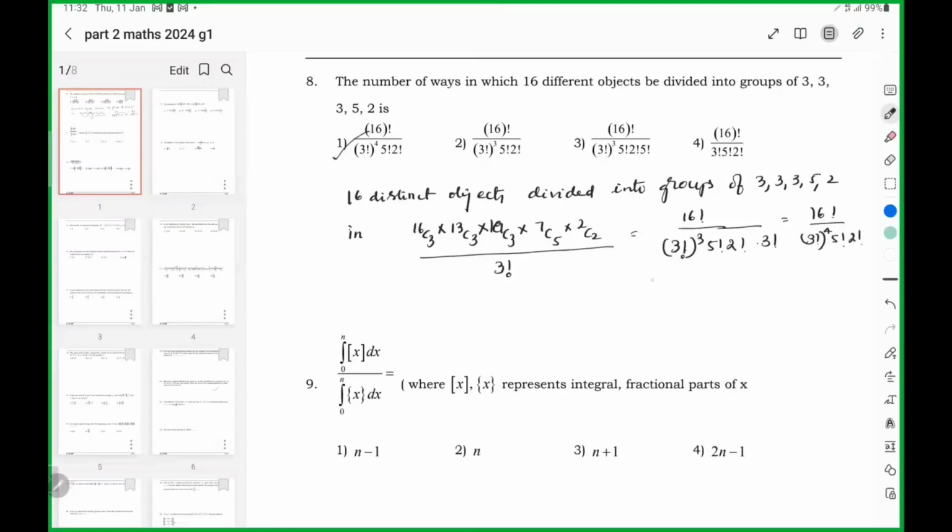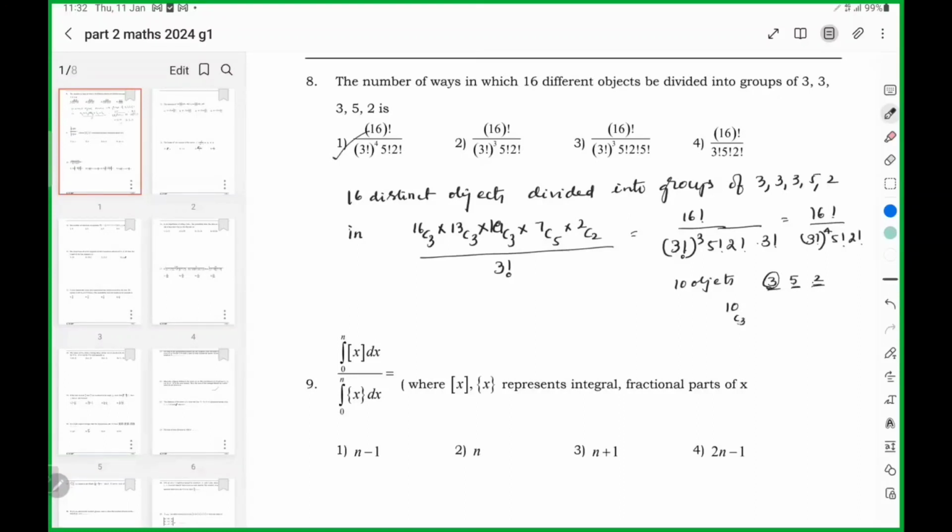Here, to understand this, suppose 10 objects are there, we have to divide into 3 groups. Each group contains 3, 5, 2 distinct elements.